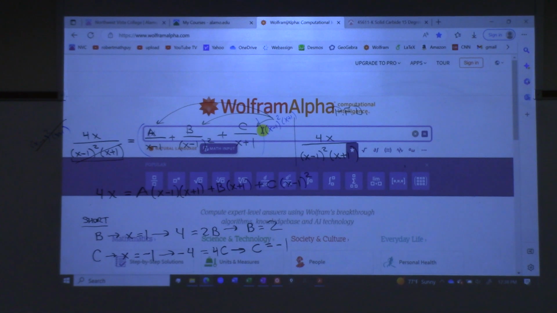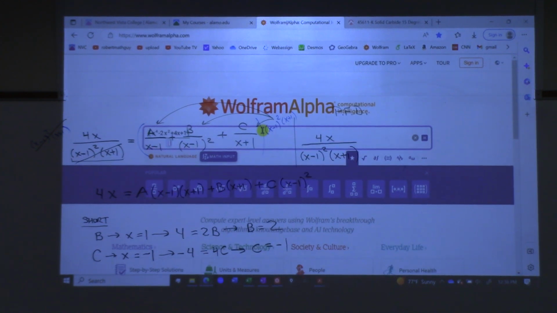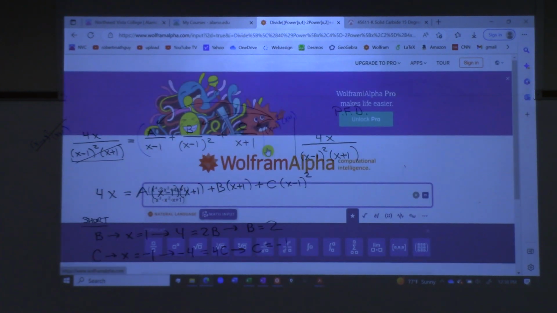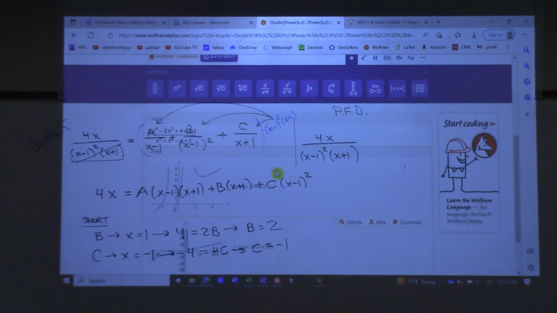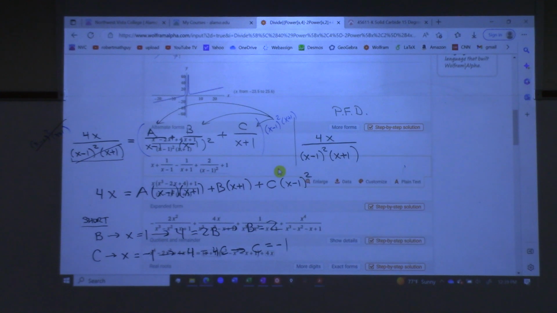X to the 4th minus 2x squared plus 4x plus 1, over x cubed minus x squared minus x plus 1. Right? Okay, so I just typed it in algebraically, and let me see what it does with this. Yeah, okay, there it is.